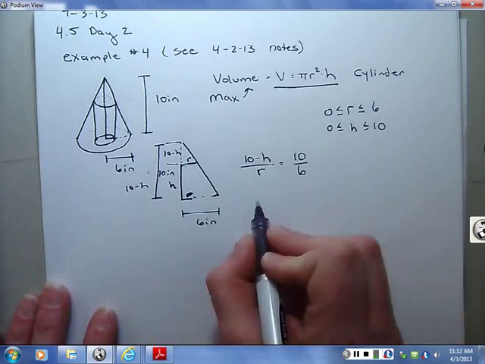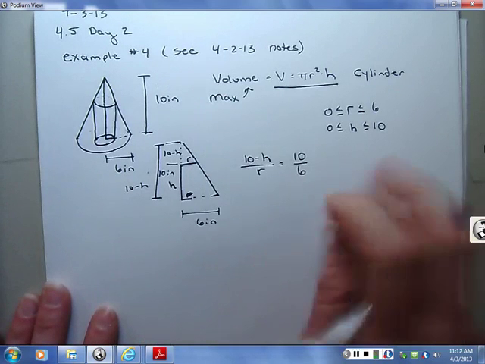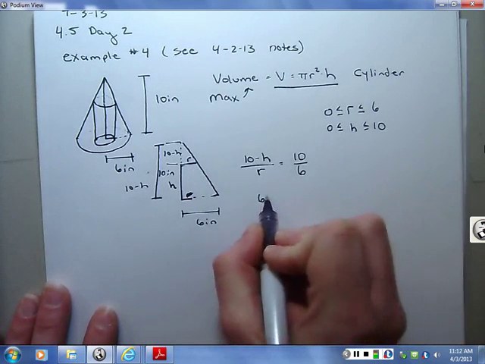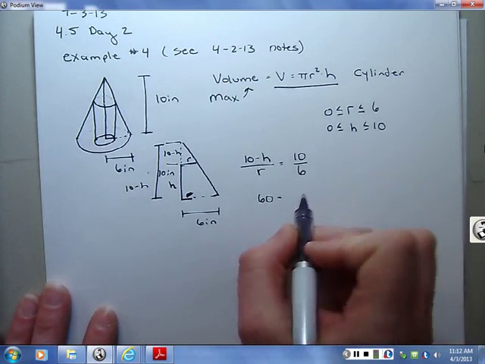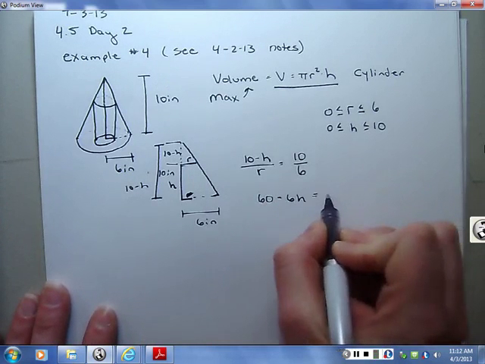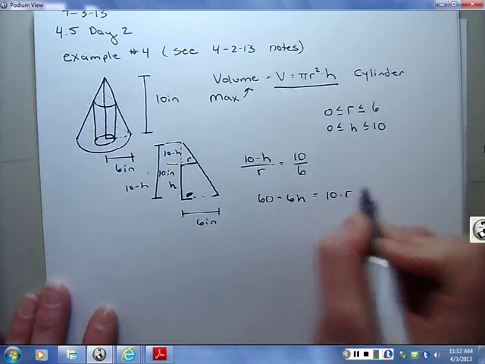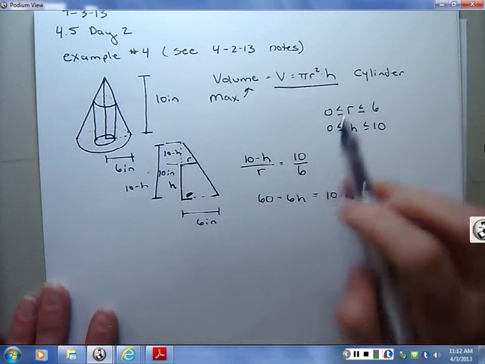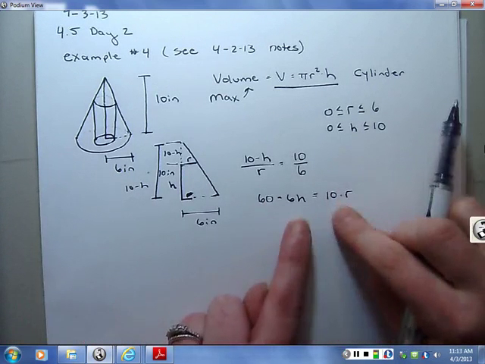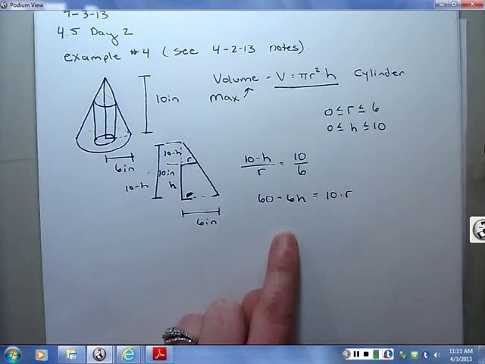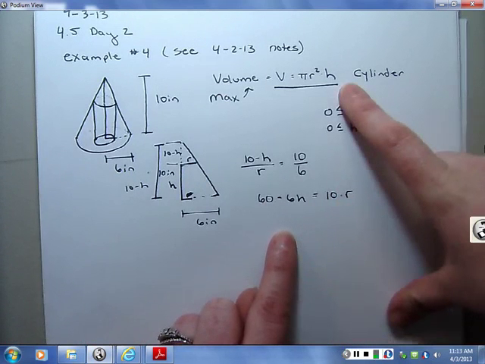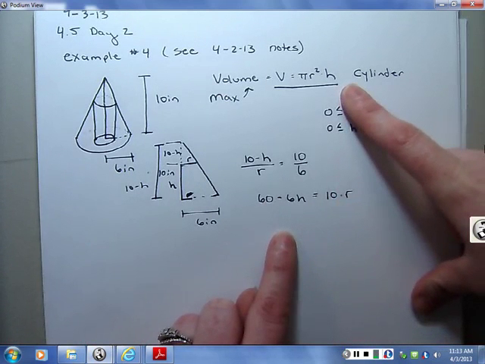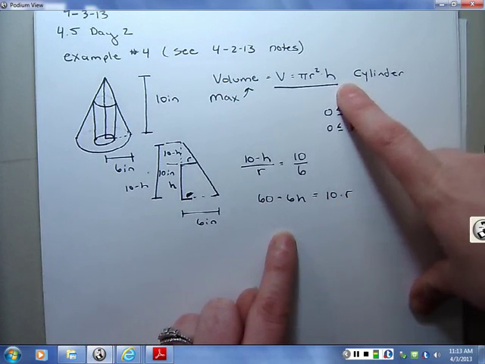So I have this relationship. If I solve for h or r, what would I have? I would have 60 minus 6h equals 10 times r. So I have a choice. I can solve for h or I can solve for r. Honestly, it does not matter which one you do. Generally, there's one that's a little bit easier to plug back in. Can you see which one's going to be easier? H, right? Because h is not squared. The r would be squared.